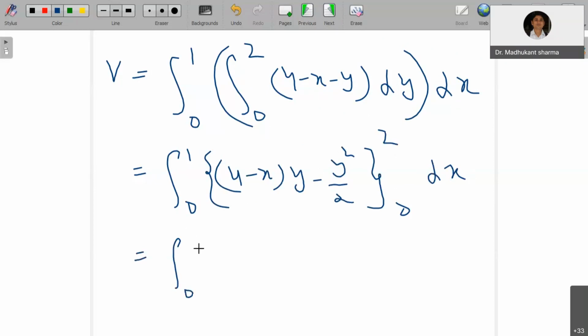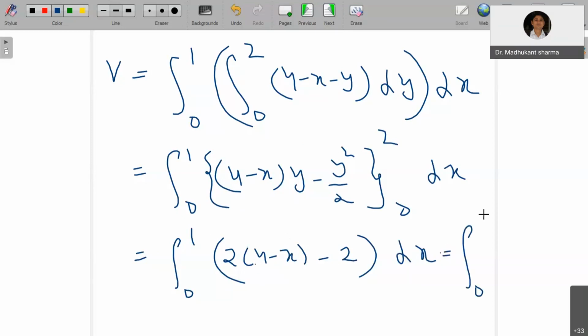That's going to be integration 0 to 1 of 2 times (4 minus x) minus 4 by 2, that is 2, dx. So 8 minus 2 is 6, giving integration 0 to 1 of 6 minus 2x dx.